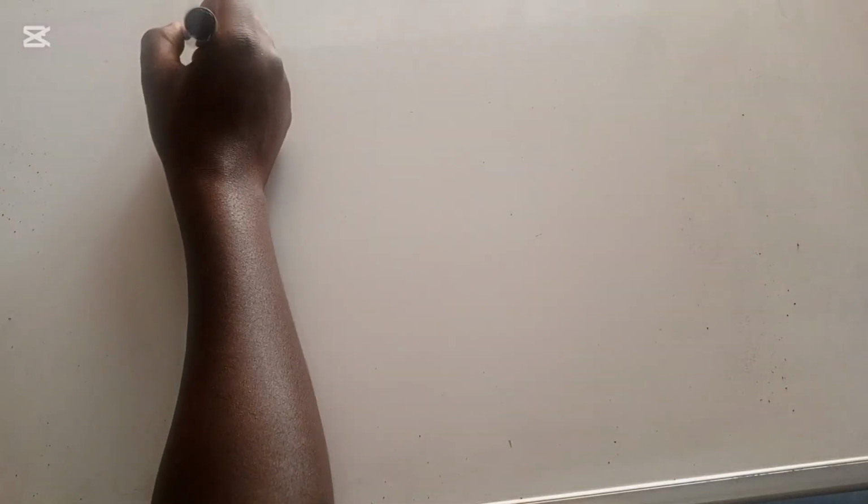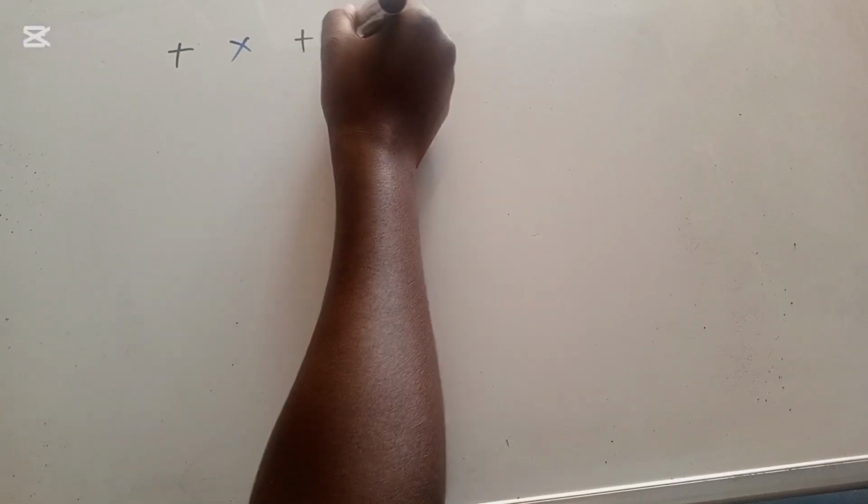Let me wind up by summarizing some of the rules of multiplication. If you have a positive number and you multiply with a positive number, the answer is positive.